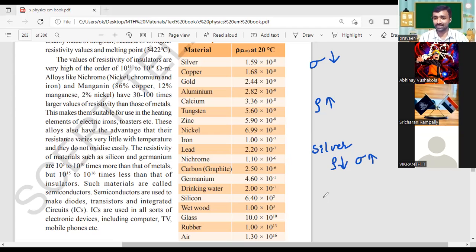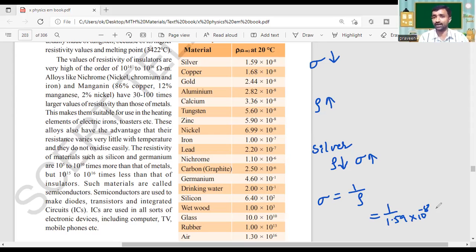So how do you find the conductivity value here? Conductivity is nothing but 1 by rho. So substitute 1 by 1.59 into 10 to the power of minus 8. That will give you 1 by 5.9... So 1 by 1.6, take, then the power will become positive here.